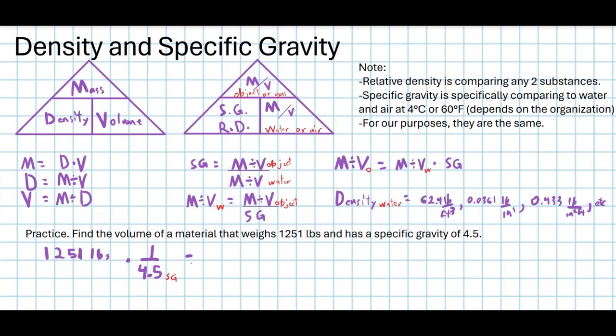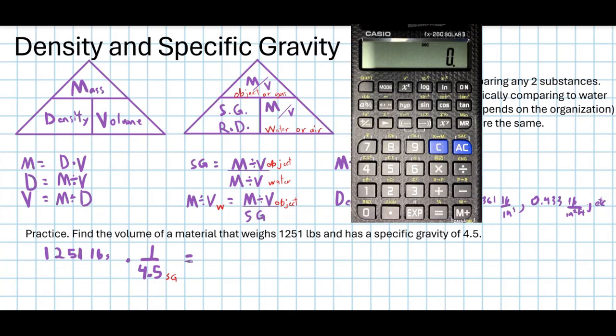So on our calculators, let's plug in the following. I hit 1,251 divided by 4.5, and that gives me the answer of 278. I look at my equation here, I have pounds, so now I have pounds.